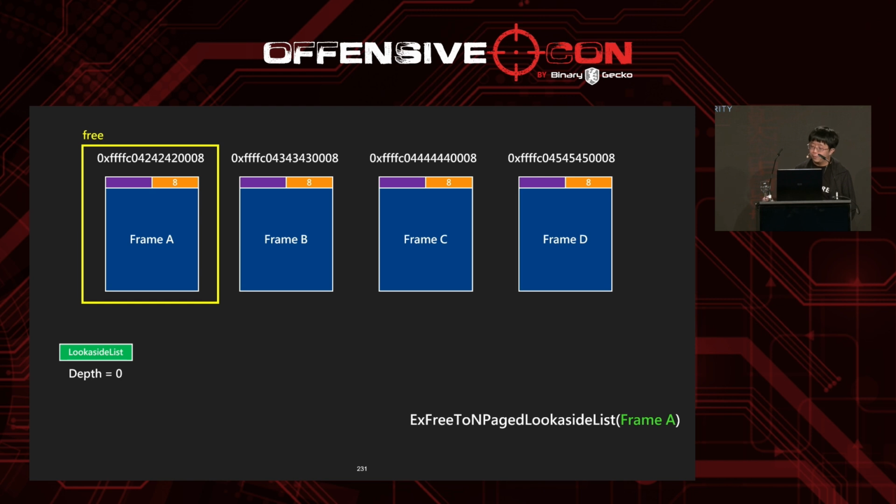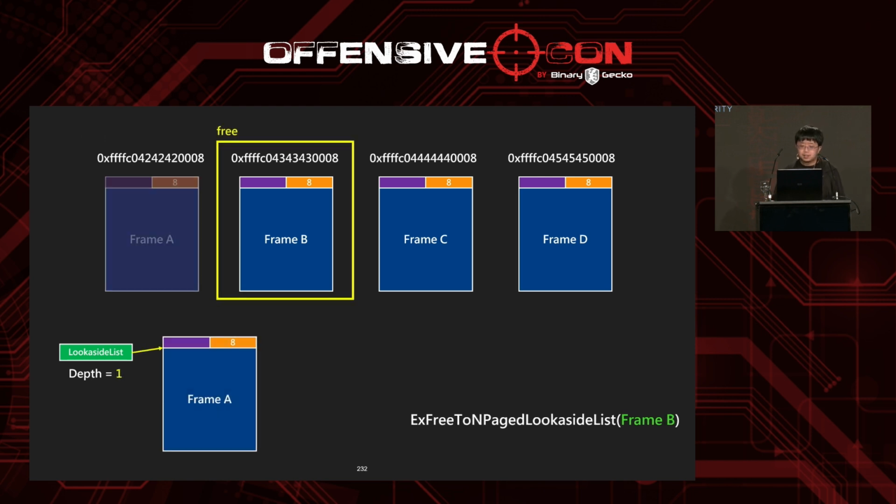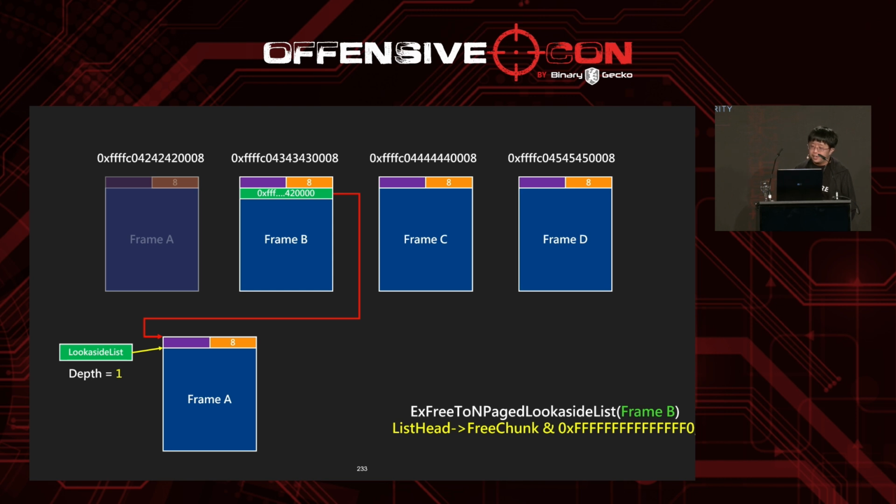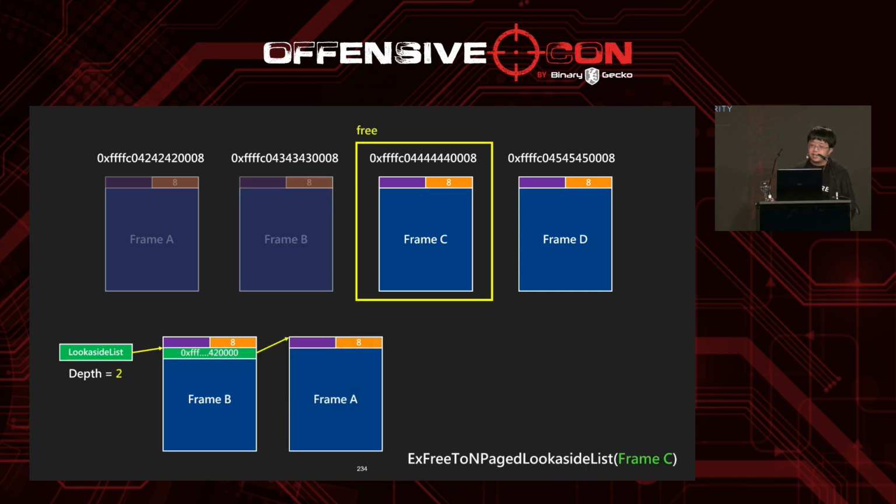First, we free frame buffer A. It gets inserted into the Lookaside list normally. Next, when we free B, the allocator first aligns the current head of the list, which is frame A. Then it sets the next pointer of frame B to point to the aligned frame A, and inserts B at the head of the list.